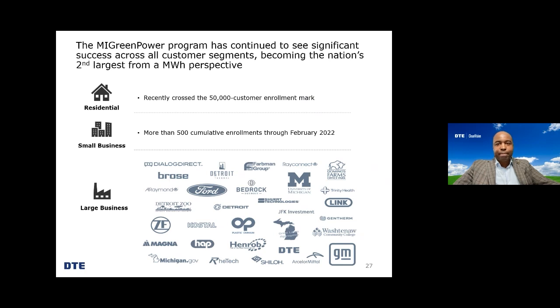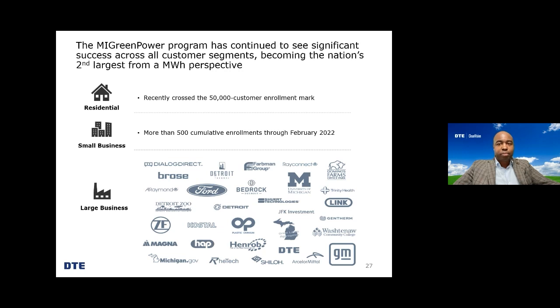Thank you. So here's a snapshot of the great work that has been done across all of our respective customer segments. Today in the residential customer segment space, we have enrolled over 50,000 customers, which is quite impressive. And an interesting note, the program has doubled its year-to-date program enrollments for 3 consecutive years.